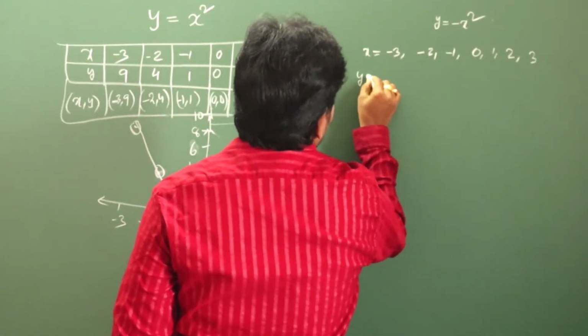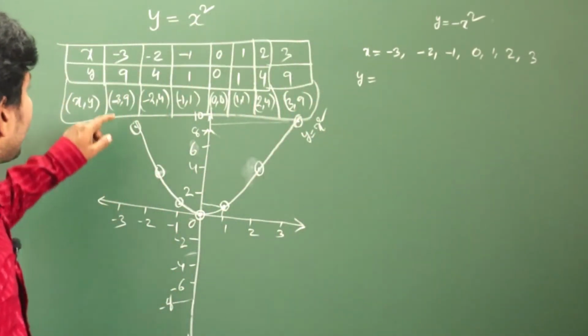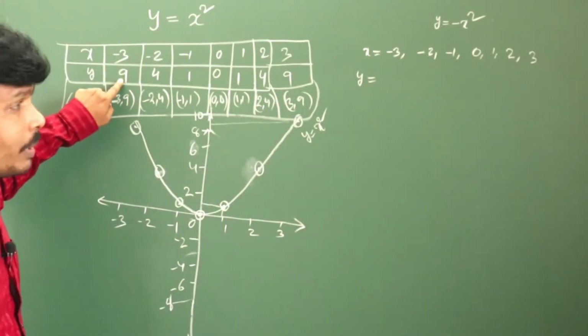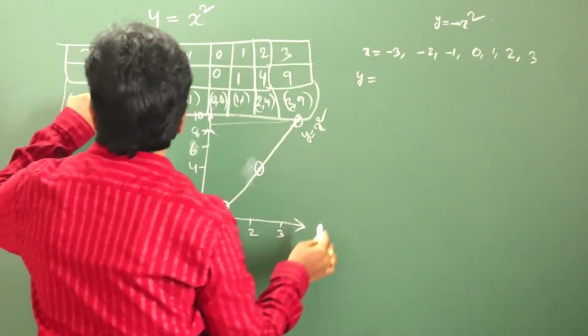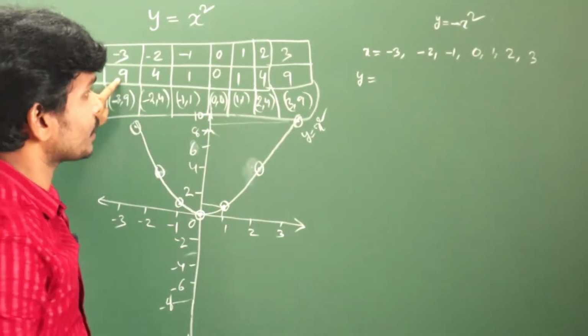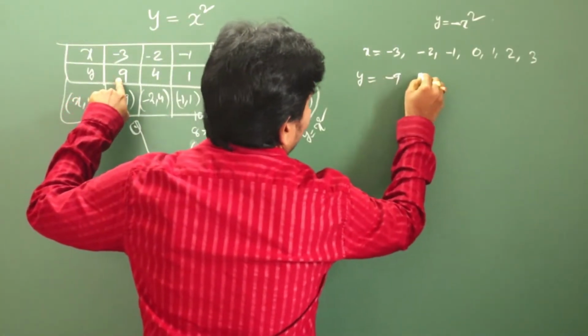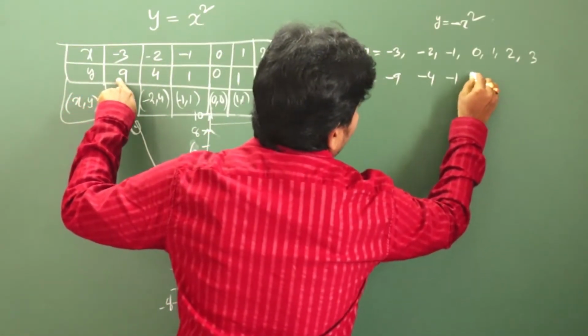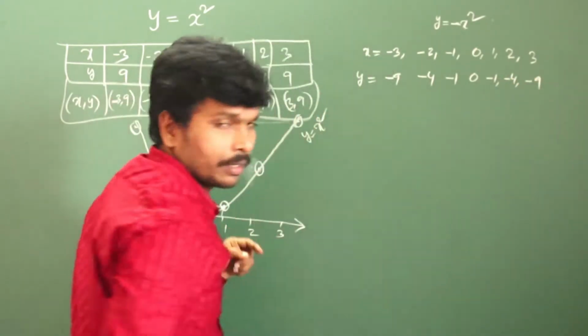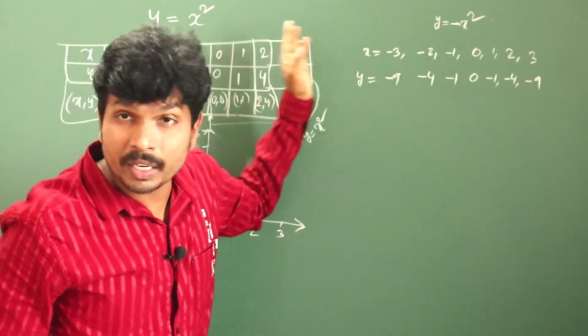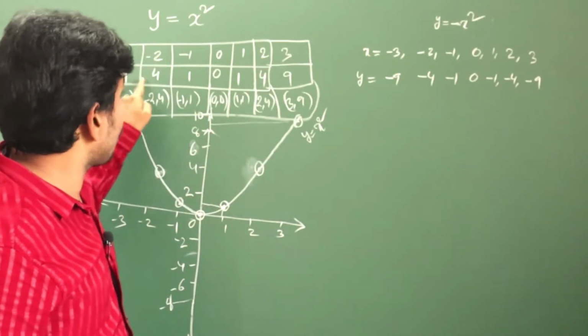What are your y values, tell me? Here the y value was 9, but here what do you get? The minus symbol is there, so you get all negatives only. Minus 9, minus 4, minus 1, 0, minus 1, minus 4, minus 9. Yes or no? What is the difference between these two? Here the y value is always positive.